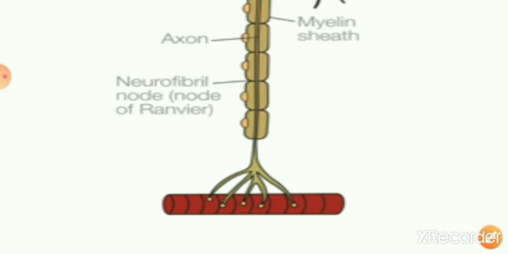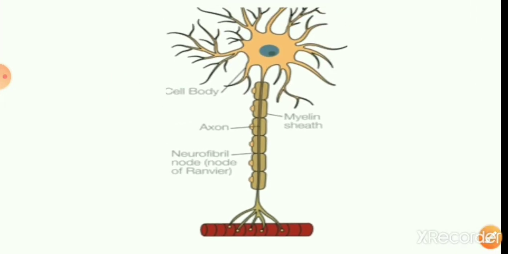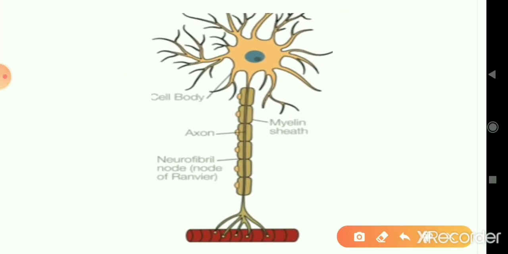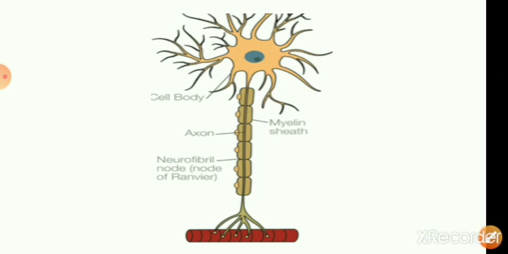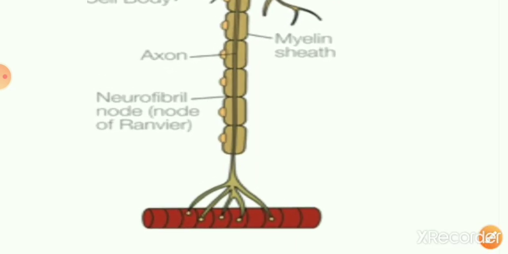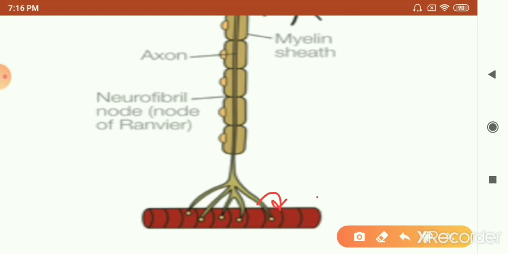So suppose a response is being brought from the brain. First it will be picked up by the dendrite, then taken to the cyton, and from the cyton the axon carries the message to the axon terminal or the nerve ending, and once it reaches the nerve ending, the message is passed to the muscle. What you see over here is a muscle fiber.